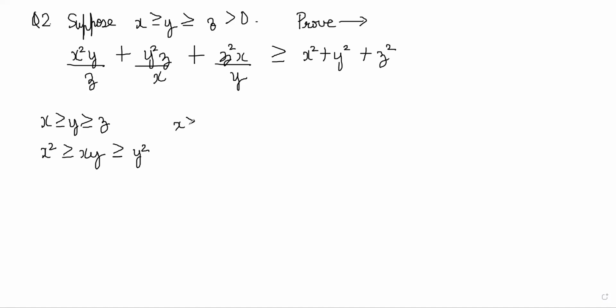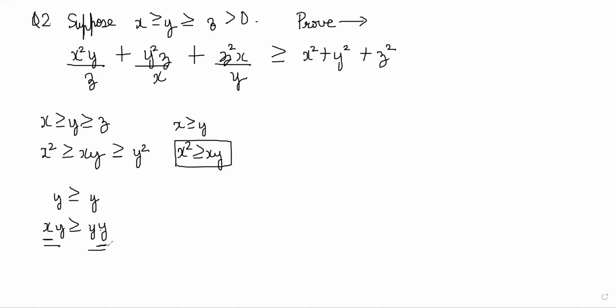I have taken x greater than y and multiplied it with x, so x square is greater than xy. And similarly, I have taken y is greater than or equal to y and multiplied it with x here and with y here. Because x is greater than y, xy is greater than y square, right? So we have that x square is greater than xy is greater than or equal to y square.